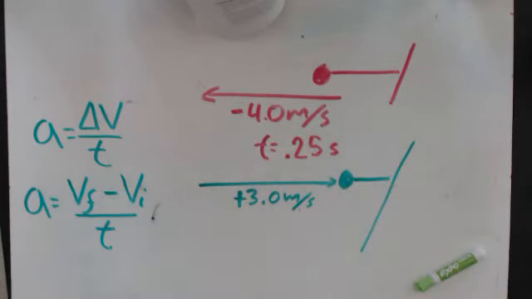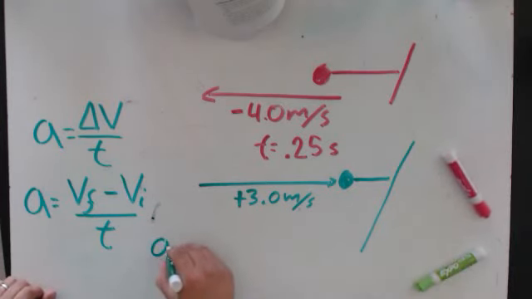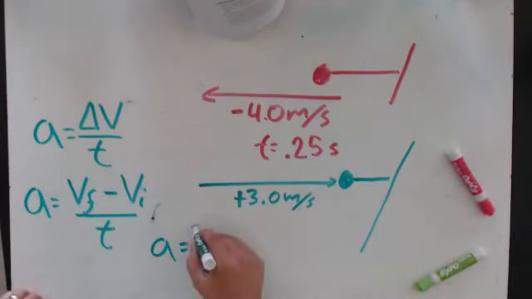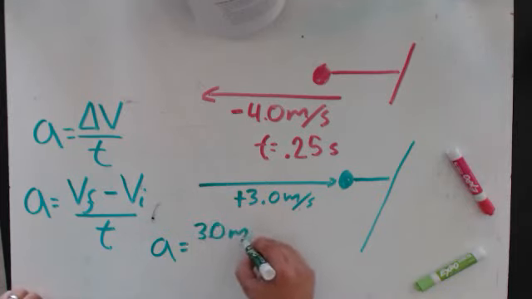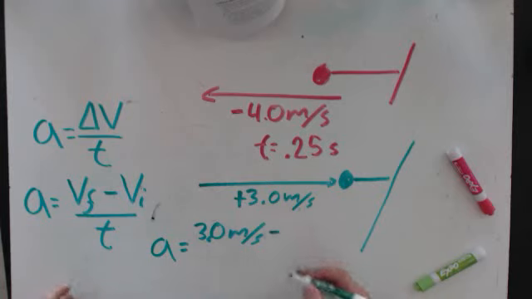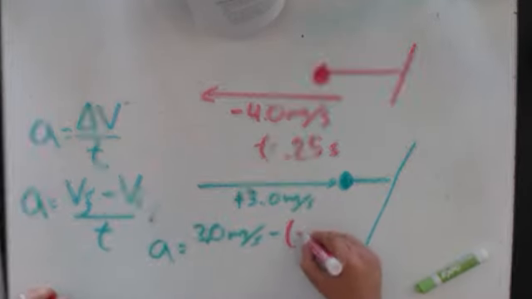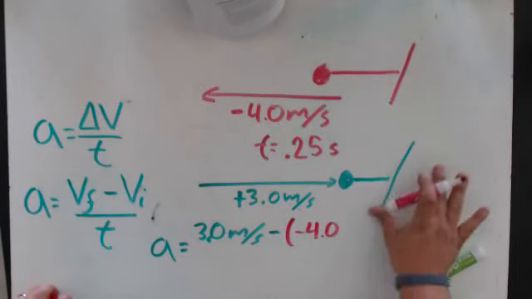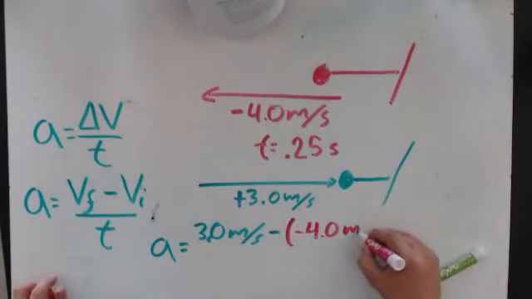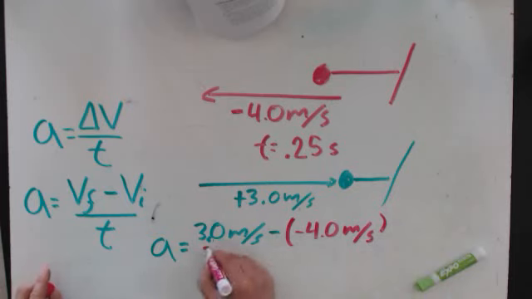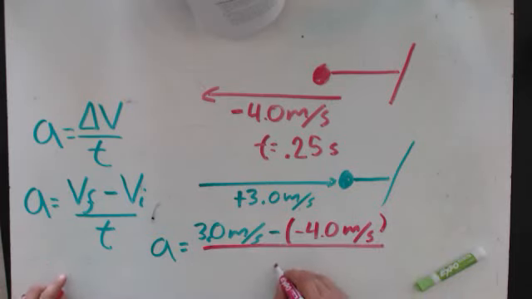Okay? So that means that my acceleration is going to be 3.0 meters per second minus a negative 4.0 meters per second all over my time, which is 0.25 seconds.